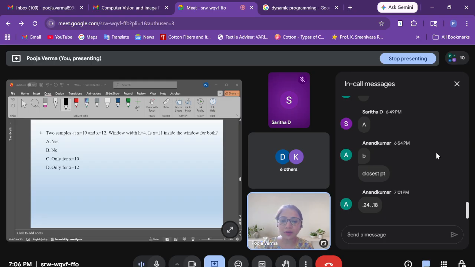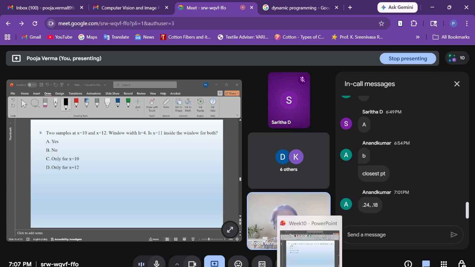They are asking whether it is inside the window for the given two samples or not. Can you tell which concept it is related to? Okay, nobody is interested in giving an answer.